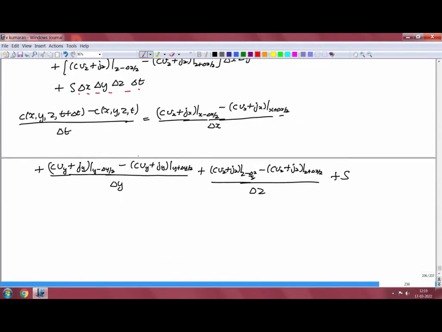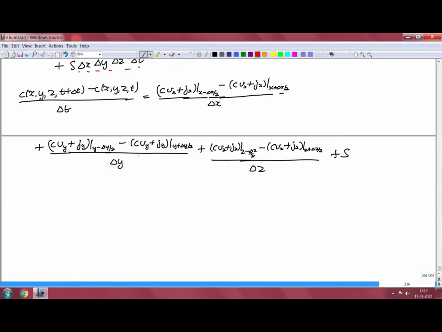Okay. And now you take the limit delta x, delta y, delta z, delta t going to 0. Take that limit. Left side is just partial c by partial t.